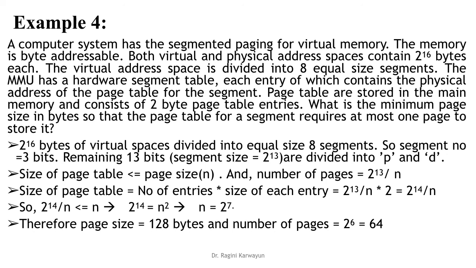Therefore the page size should be 128 bytes and the number of pages will be 2^6, that is 64. क्योंकि जब हम नंबर ऑफ पेजेस निकालेंगे 2^13 upon 2^7 तो will come out as 2^6. So number of pages will be 64 and page size will be 128 bytes.